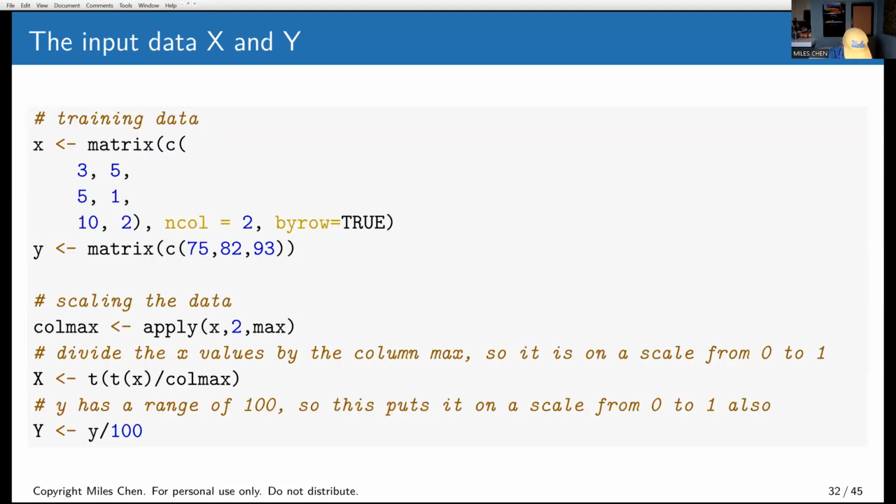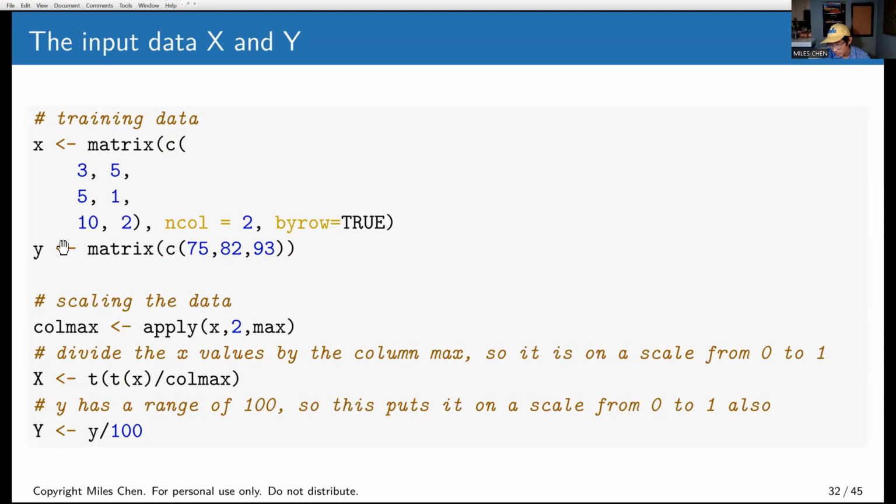We have our input data matrix for x and y. The input matrix is 3 rows, 2 columns, so it's 3 by 2: 3, 5, 5, 1, 10, 2, and then the output in y is 75, 82, 93.